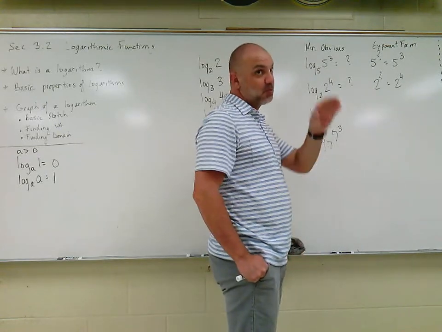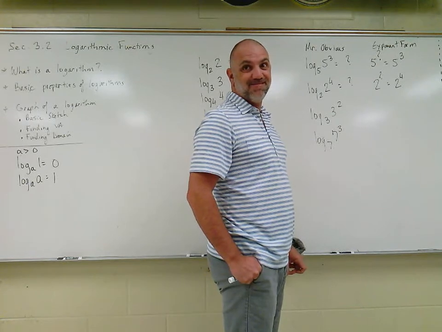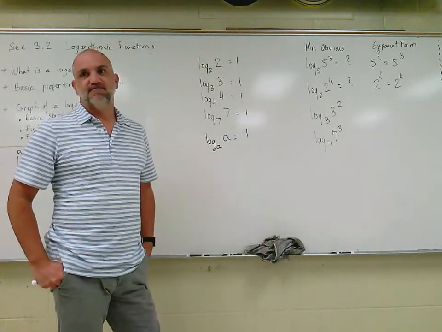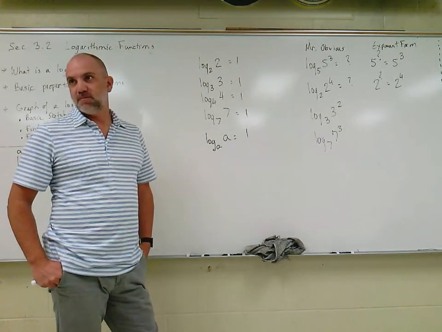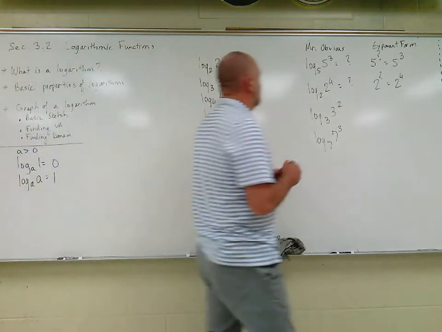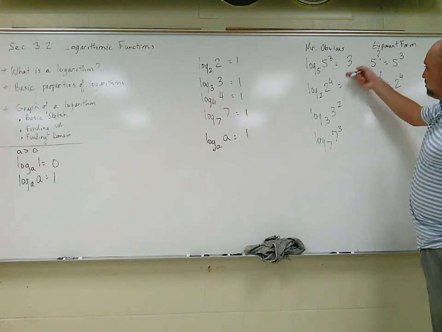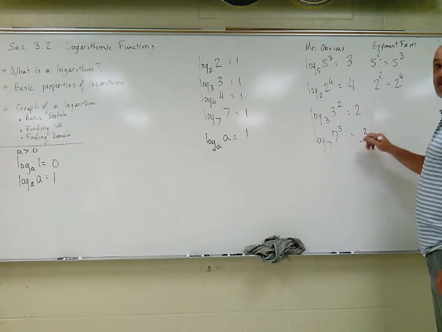The inside is 2 to the 4th. Got it now? Easy. So what's the answer to the first one? 3. Second one. Third one. Last one. Now you see why it's Mr. Obvious.